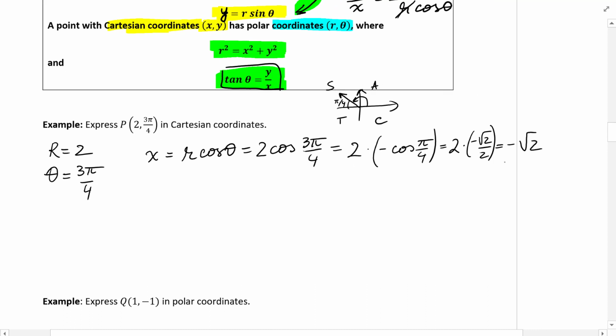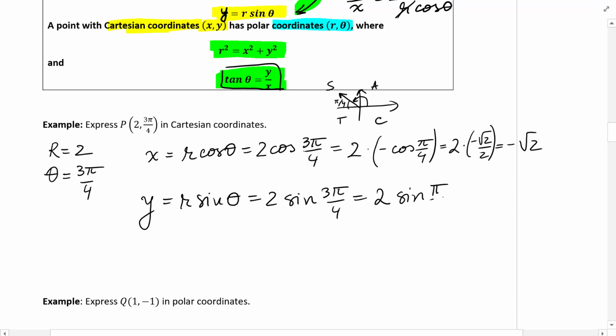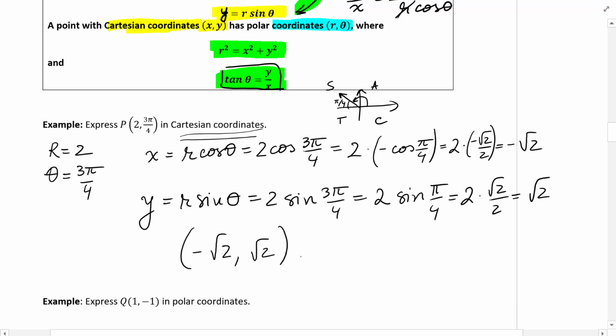So we found the x, and now y equals r sine theta, which means 2 sine of 3 pi over 4. Sine in the second quadrant is positive, the reference angle is pi over 4, so 2 times square root of 2 over 2, which is positive square root of 2. So the Cartesian coordinates are negative square root of 2, square root of 2.